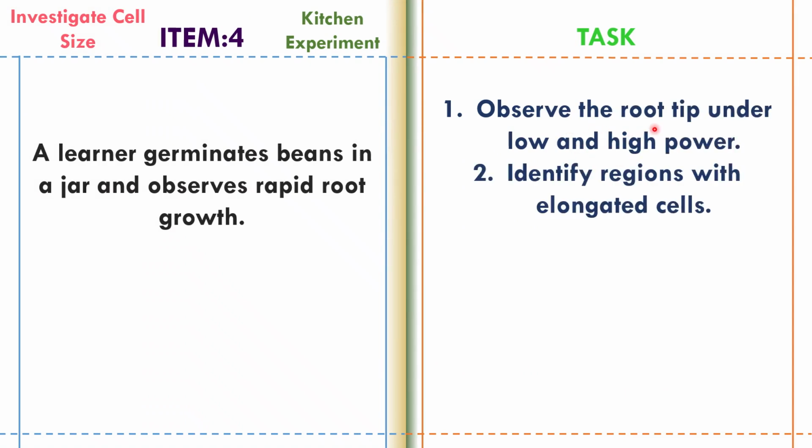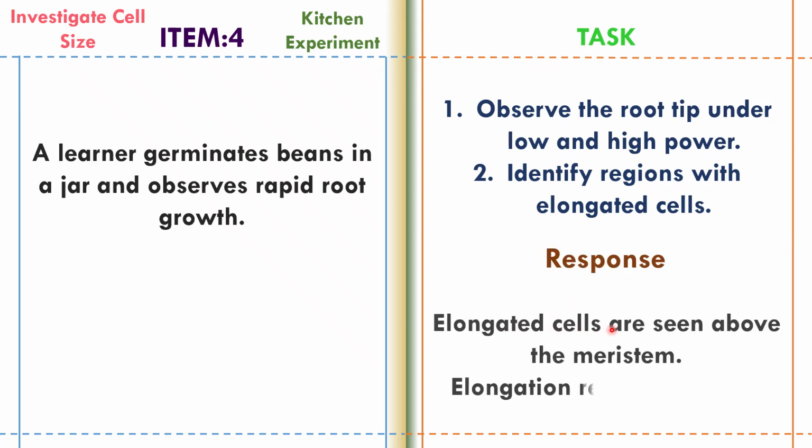Let's observe the tip of the root under the low and high power of the microscope and identify the regions with elongated cells. Elongated cells are seen above the meristem.